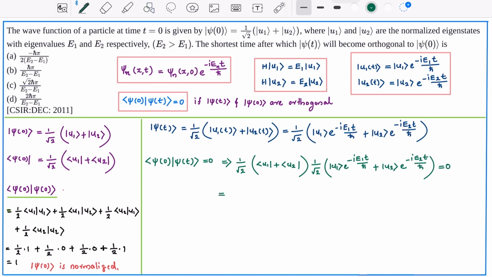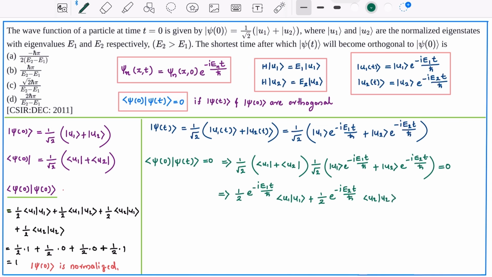Now we can write the equation as 1 by 2 e raised to minus i e1 t by h bar, then inner product of u1 with itself, plus 1 by 2 e raised to minus i e2 t by h bar, then inner product of u2 with itself.